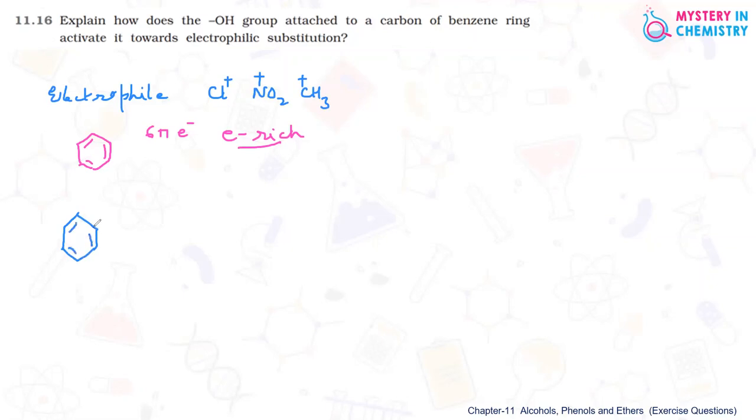It is further activated and electron density increases in the benzene ring when the OH group is present. So to understand this, we are making all the resonating structures of the benzene ring.